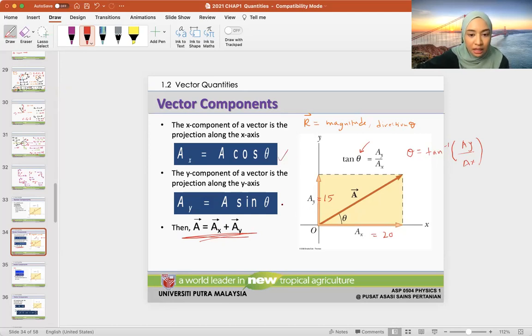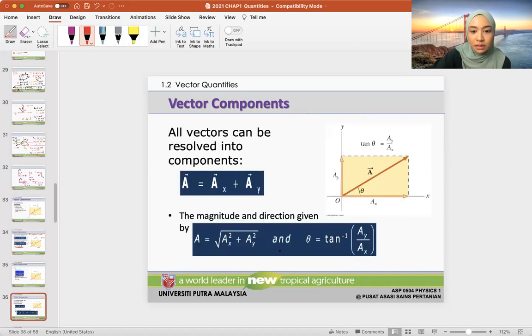This gives you the magnitude of the AX and AY components. This equation gives you the direction of vector A, but we don't know what the magnitude of A is. Right? We know AX, we know AY. We know the direction of A, but we don't know the magnitude. So the way that we find the magnitude is by this equation. So the square root of AX squared plus AY squared will give me the magnitude of A. So this gives me the magnitude, and this gives me the direction.